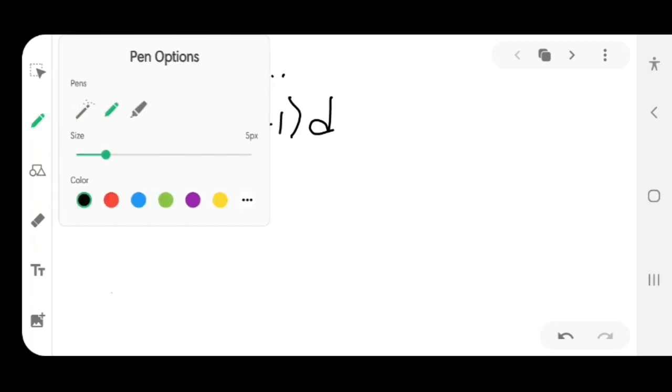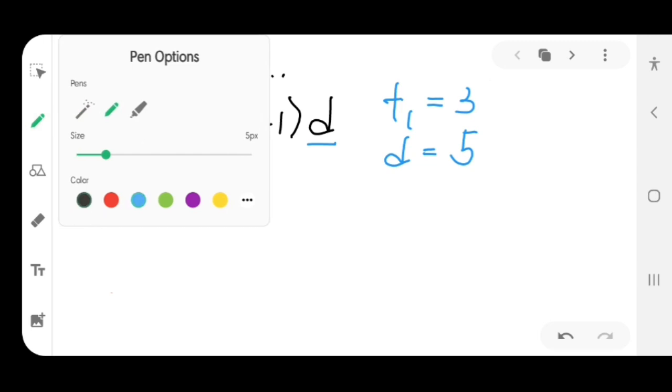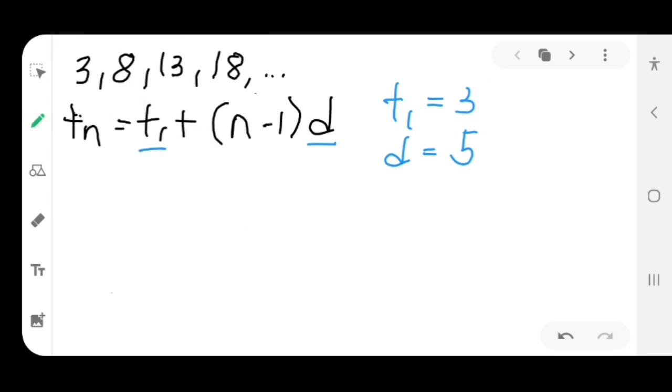As you can see, we need to identify the values of the first term and the common difference. Our first term, or t sub 1 here, is equal to 3, while the common difference is equal to 8 minus 3, which is 5.